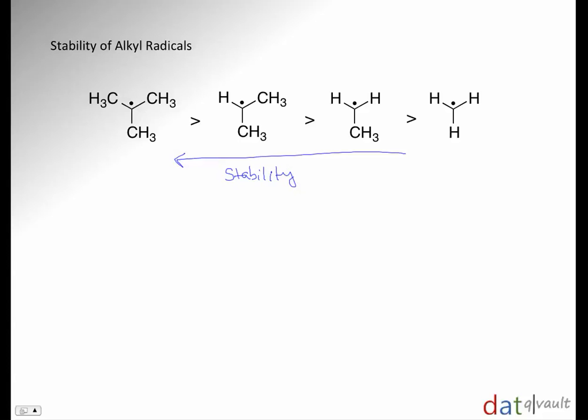And if we notice, the least stable alkyl radical is actually the methyl radical, which is what I showed you a reaction with in the previous slide with chlorine. The more alkyl groups that you add to that central carbon that bears the radical, the more stable the radical actually is. And this occurs for the same reason as a carbocation. Through hyperconjugation of the hydrogens on these other alkyl groups out here, it stabilizes the radical.